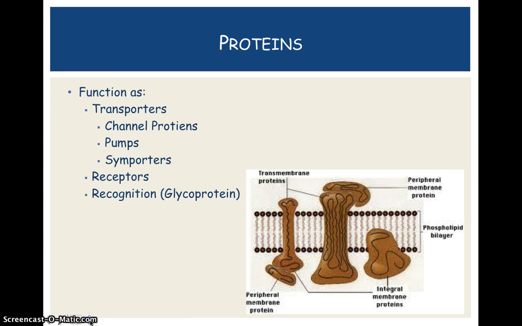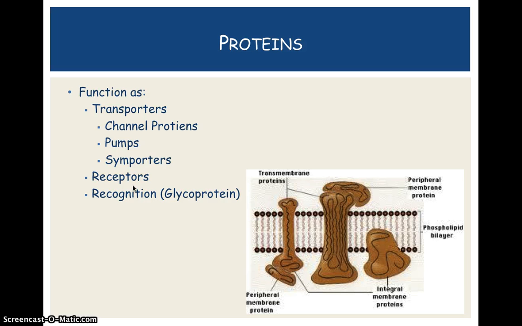Proteins. Proteins function as transporters, which can be further classified as channel proteins, pumps, or symporters. Not all of them, but pumps and channel proteins require energy most of the time, and symporters, some of them do and some of them don't.